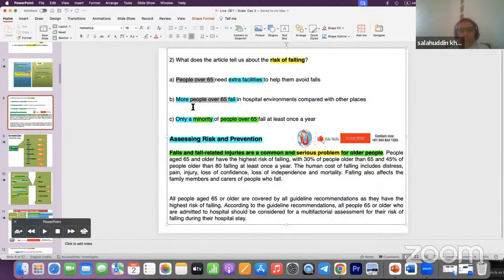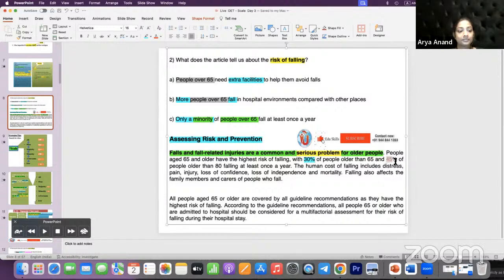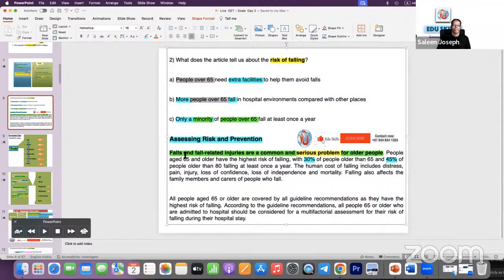When they are asking majority, more or less, more and less. We have to highlight minority, and we have to highlight percentage. And here: 65 and older have the highest risk of falling, with 30% of people older than 65 and 45% of people older than 85.